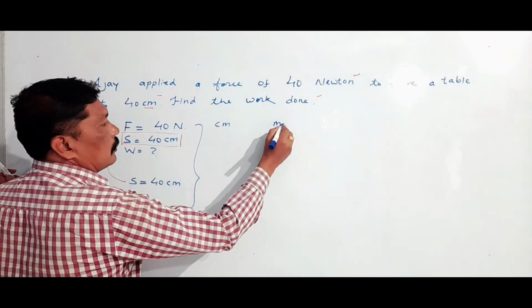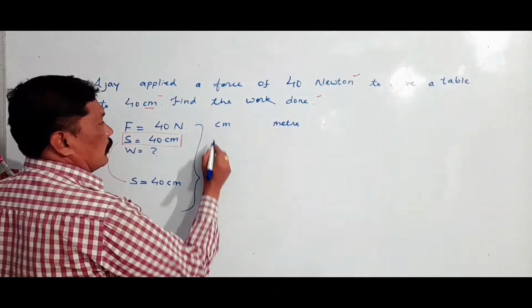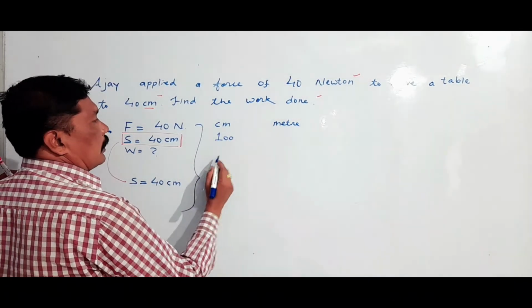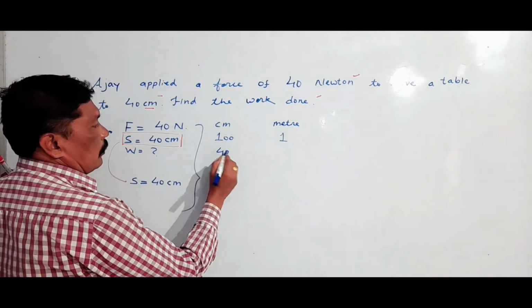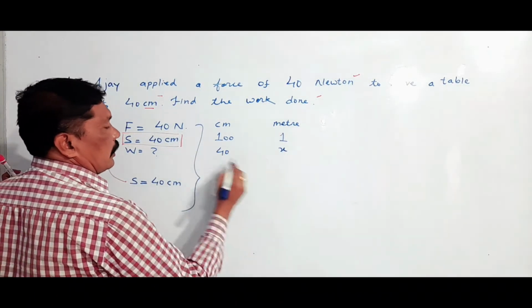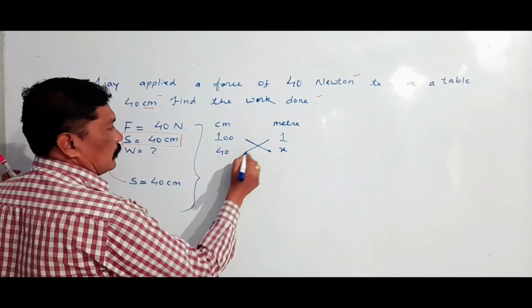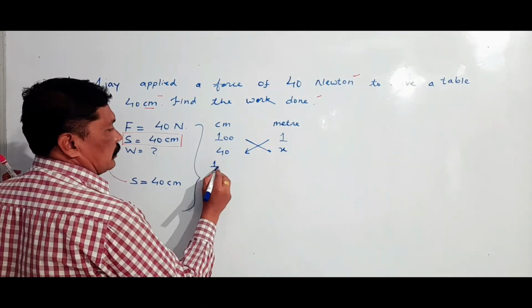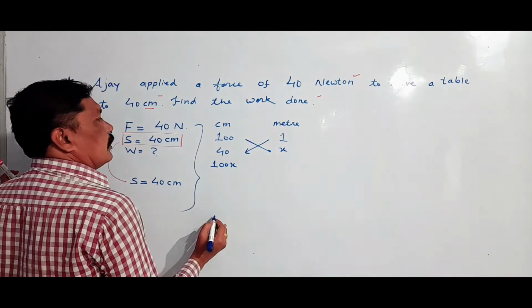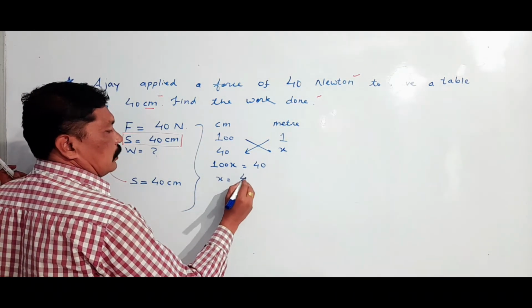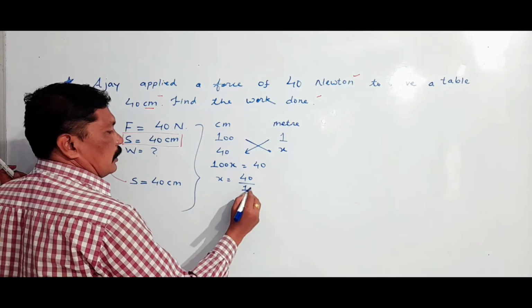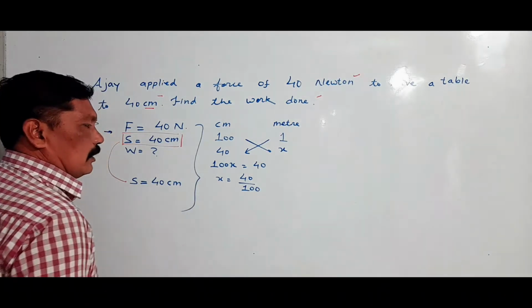Centimeter, meter, 100 centimeter, 1 meter, 40 centimeter, x. Cross multiplication. 100x is equal to 40, x is equal to 40 divided by 100.